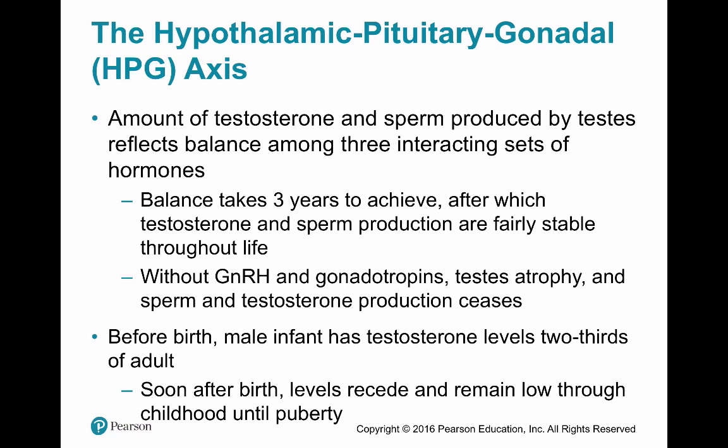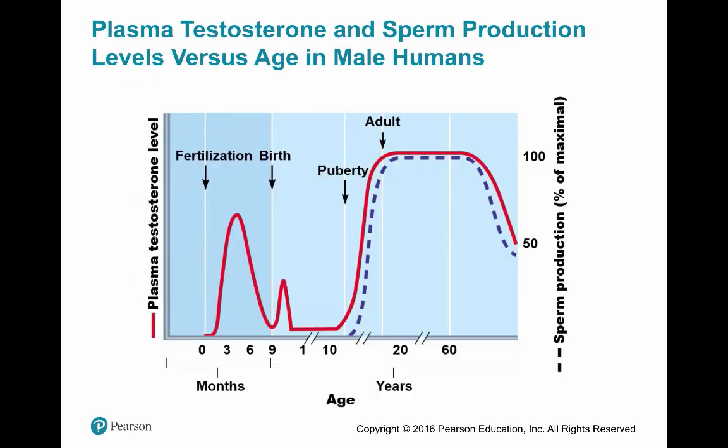Before birth, male infants have testosterone levels about 2/3 of adult, but soon after birth, the levels will recede and remain low throughout childhood until puberty. And so this is basically showing the levels of testosterone.